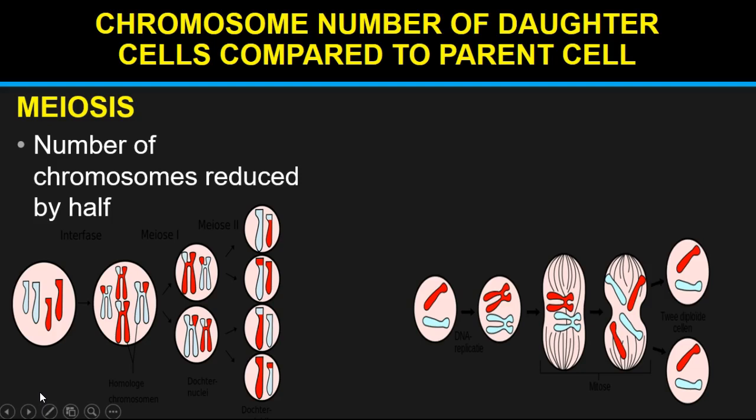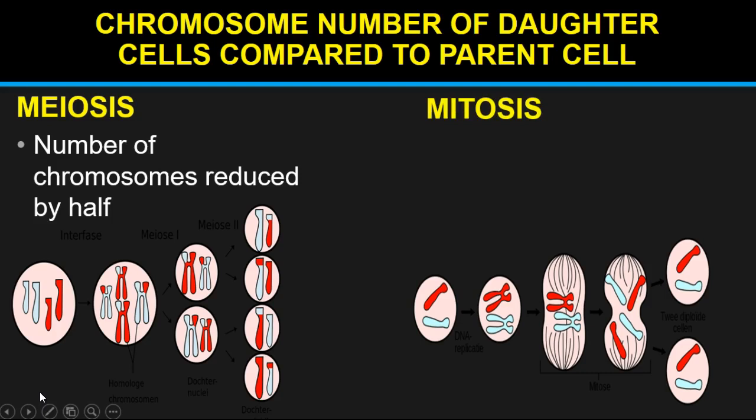You can see this parent cell has 2 white chromosomes and 2 red chromosomes, but in the 4 daughter cells, we see that there are only 2 chromosomes in each cell, and genetically they're mixed up and not identical.